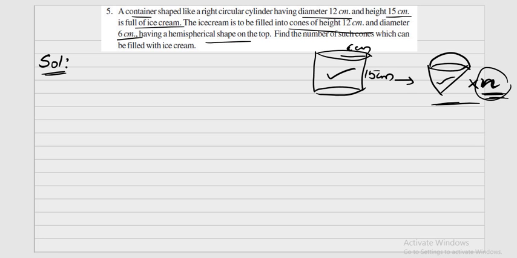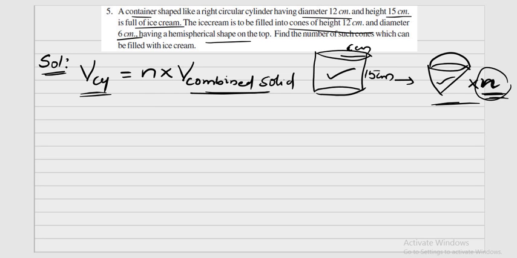So volume of cylinder is equal to n into volume of combined solid. Volume of cylinder, we already know the formula. Volume of combined solid means we need to take the volume of cone and hemisphere. From this we are going to write down the details.